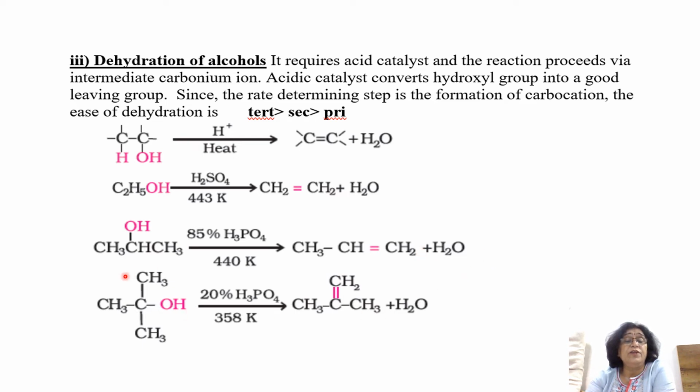Okay. Now if we take tertiary butyl alcohol, the reaction happens in the presence of 20% phosphoric acid at 358 Kelvin, and isobutylene is formed along with water.